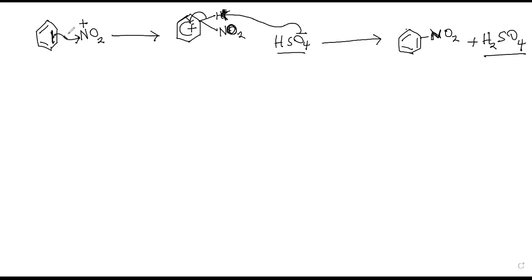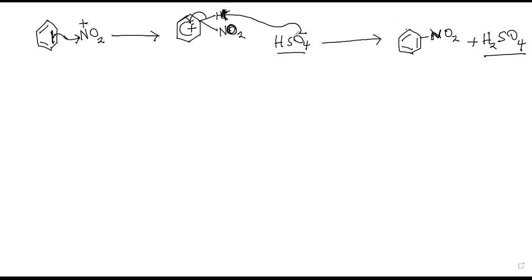Then the mechanism is as simple as this. The electron-rich ring goes to the electrophile and the hydrogen is momentarily bonded as the pi system of the ring is destroyed. Then the hydrogen sulfate comes in, causing the ring to be stable again with the release of a proton, which forms sulfuric acid with the hydrogen sulfate ions. As simple as that.